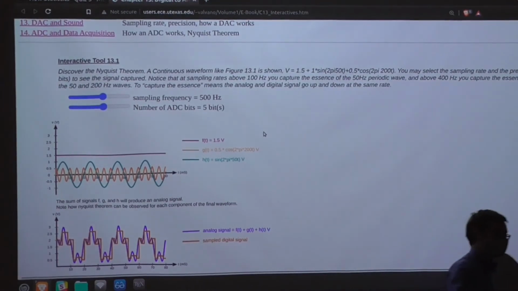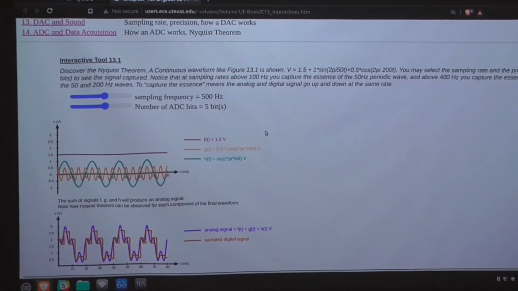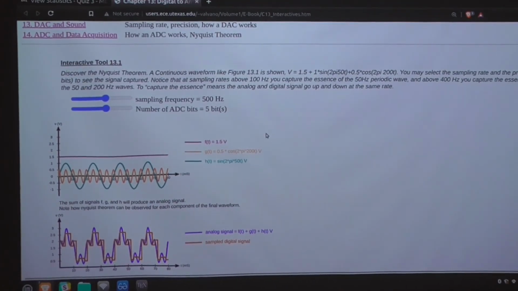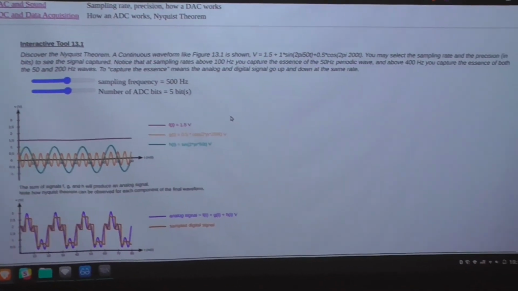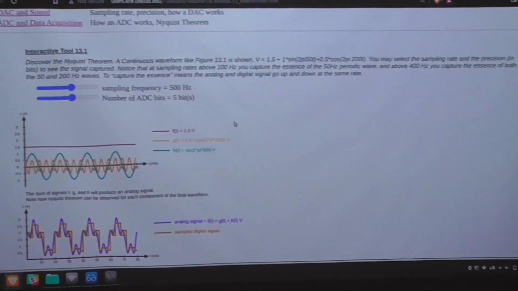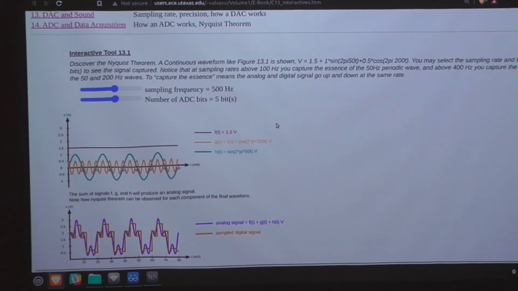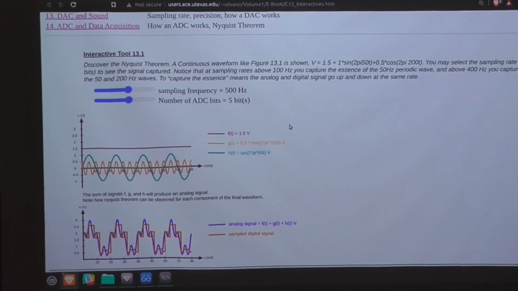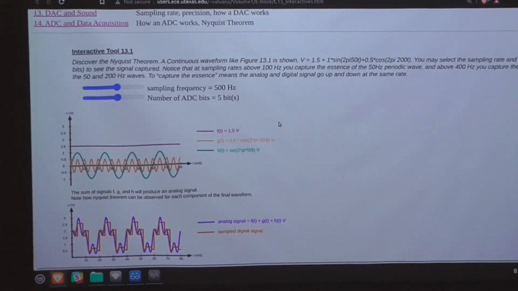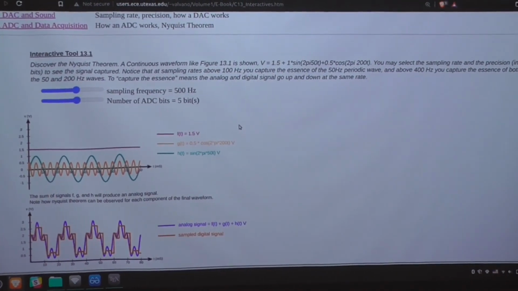I'm not sure. But anyway, 100 kilohertz is actually not that fast relative to digital electronics, right? So you don't have to sample much faster than that in order to be able to perfectly reconstruct sound waves.